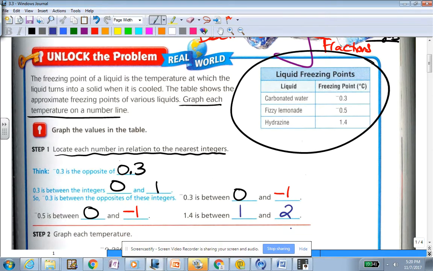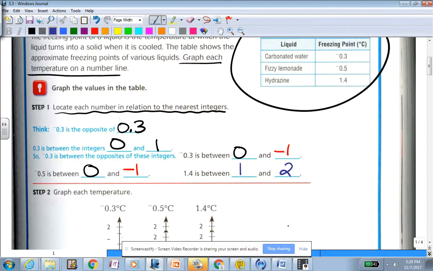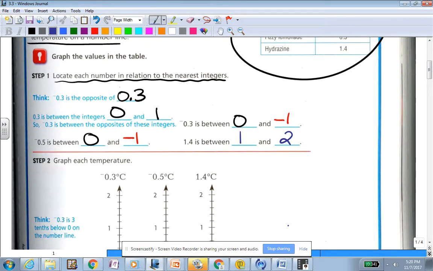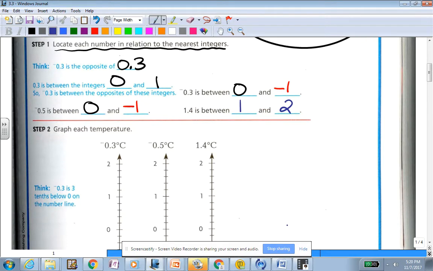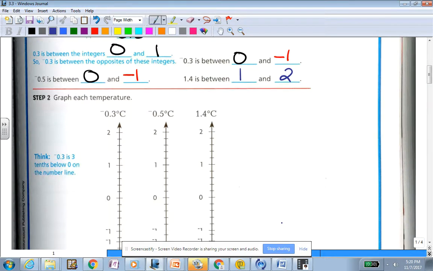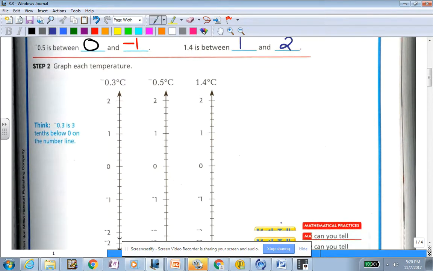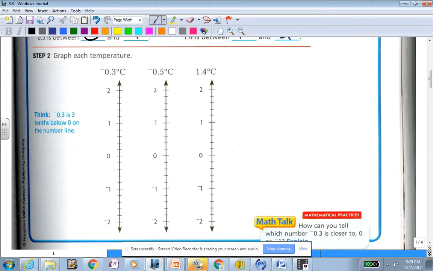So we've now got our estimates, and what I want us to also do is, on this number line, highlight our benchmarks, the numbers that they're going to fall in between. If you notice, this number line is a vertical number line. It goes up and down. We've got tick marks 2, 1, 0, -1, -2.